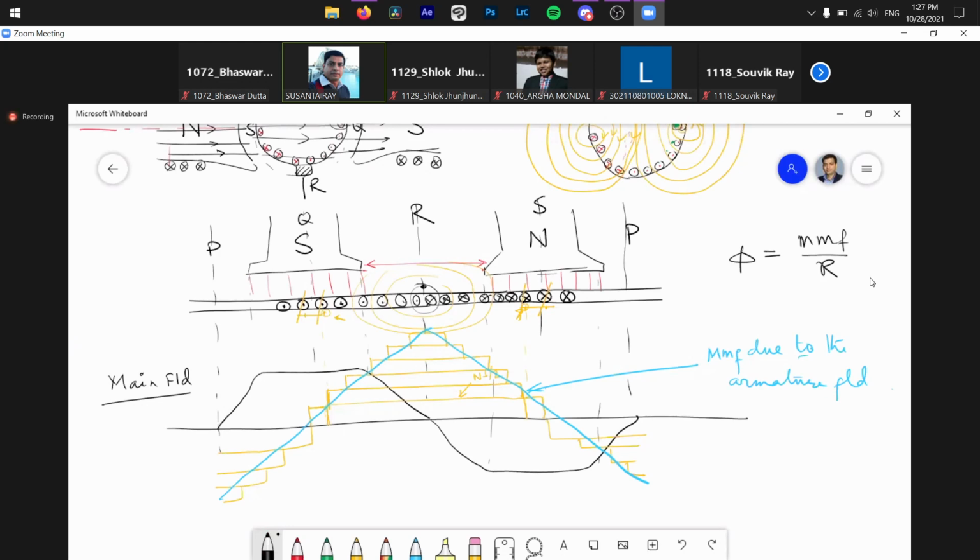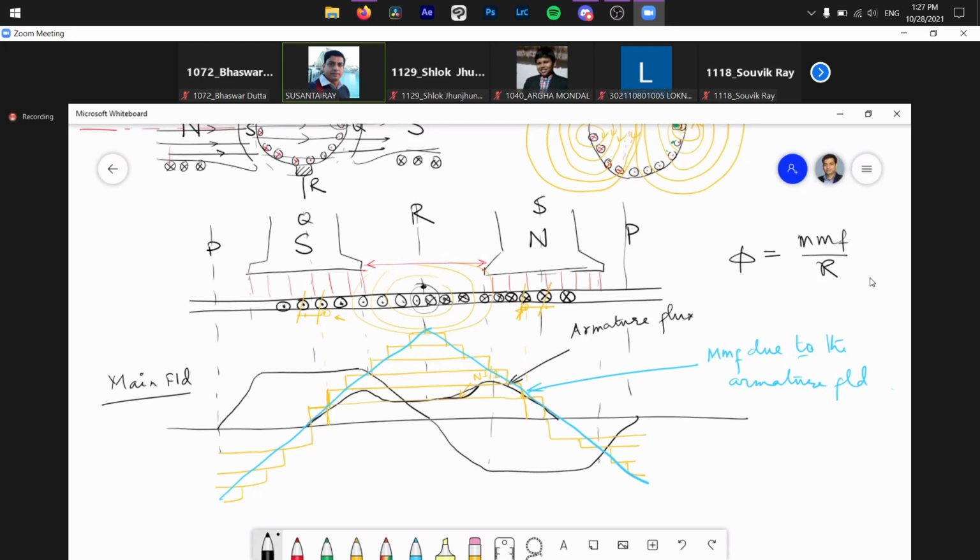So therefore, the magnetic flux actually will fall after this, and again it will go like this, because between these two points there will be a significant fall in the magnitude of the magnetic flux. So this we can say is the armature flux. We are interested in flux.